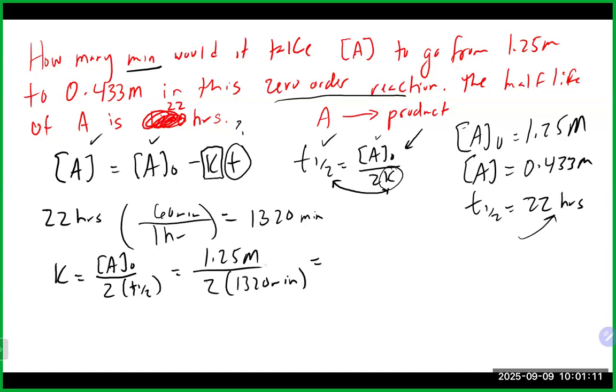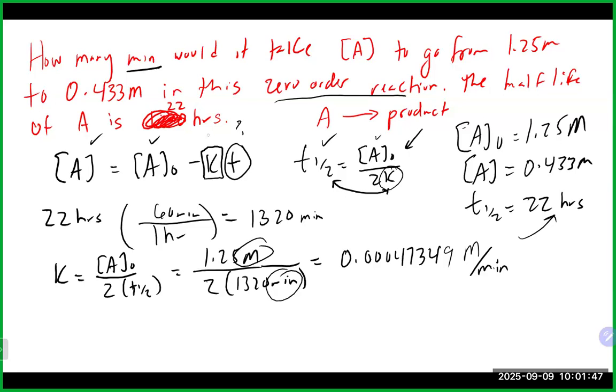If you left it in hours, you will have a different number, but in the end, it all should come out the same. 2 times 1320 gives me 0.000473449, and we will end up with molar per minute as the unit, molarity on top and minutes on the bottom.